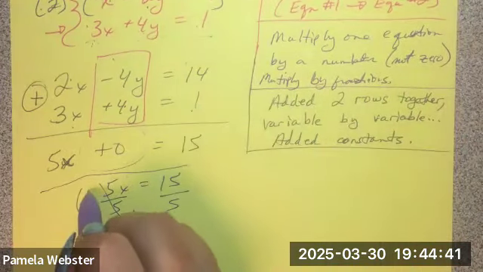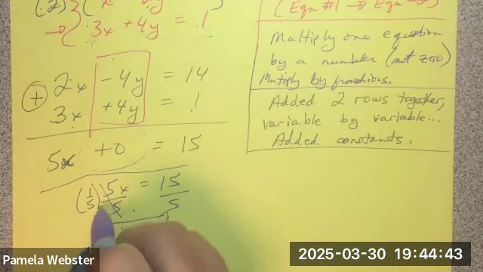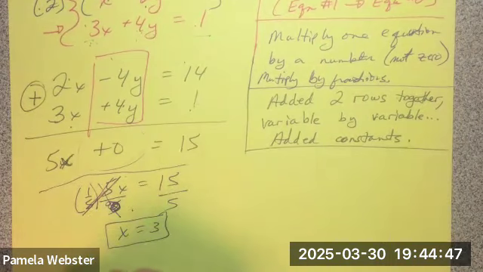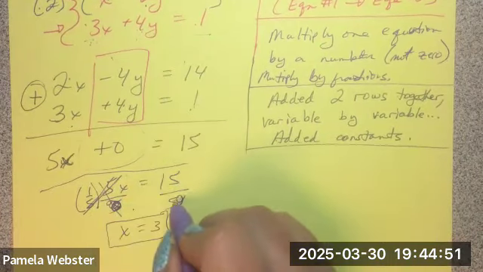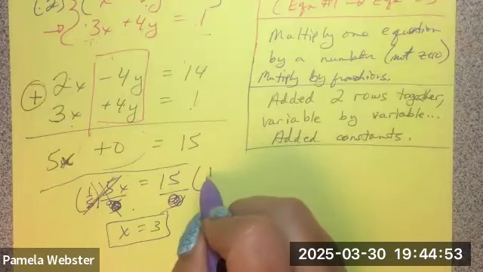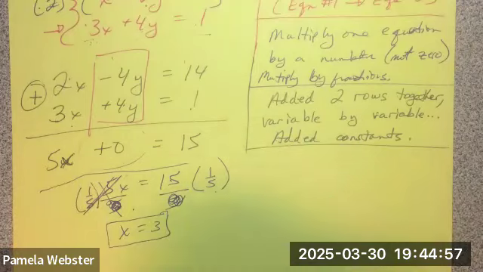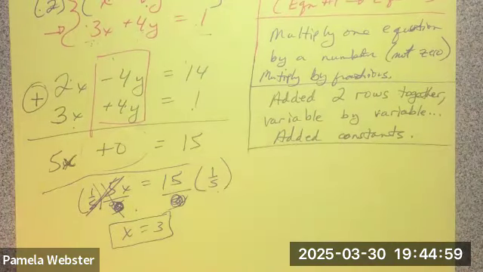But that's the same as if I had multiplied by 1/5, right? I could have done that instead, and that would have still canceled out that way, reduced. And same thing here: I divided by 5, but I could have done 15 times 1/5 and gotten a 3. So dividing by 5, multiplying by 1/5, those are equivalent, right?